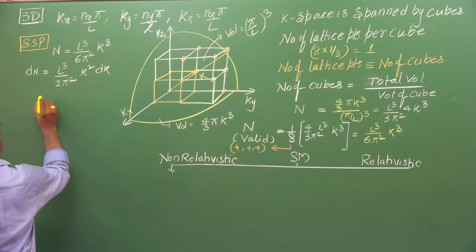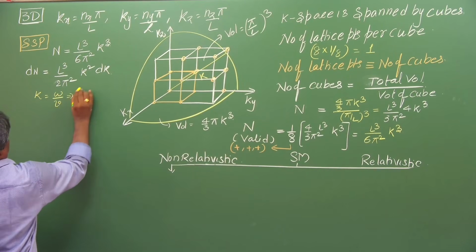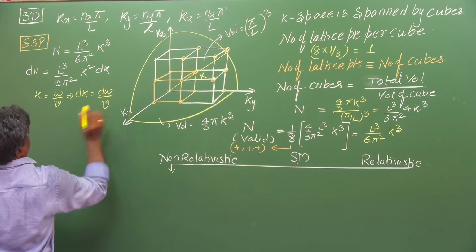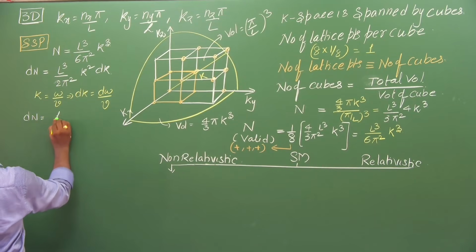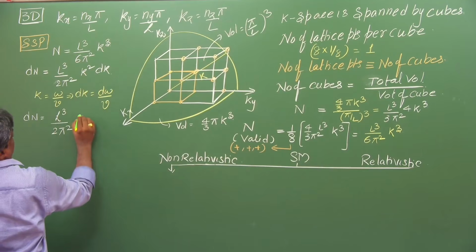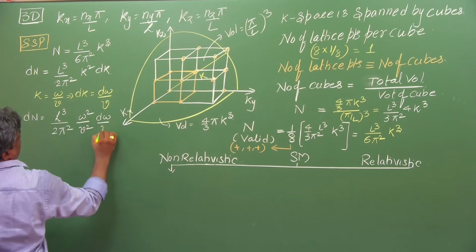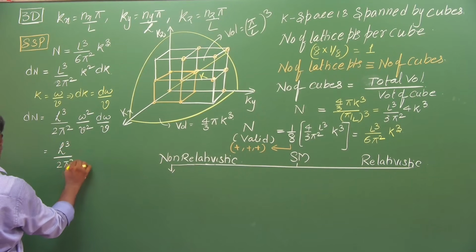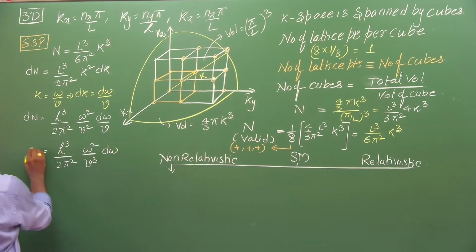But we have to replace k equal to omega by v. That implies dk equal to d omega by v. If you substitute, dn equal to L cube by 2 pi square into omega square by v square into d omega by v. So, L cube by 2 pi square omega square by v cube d omega.